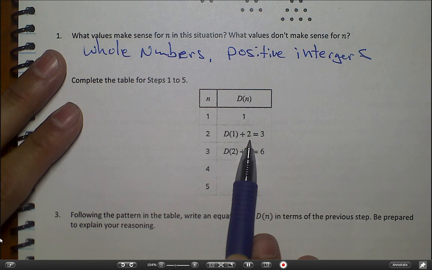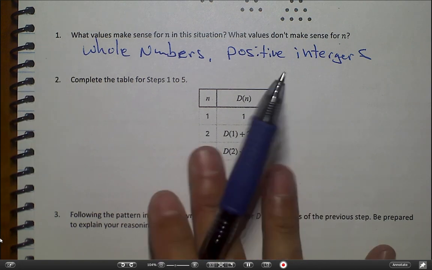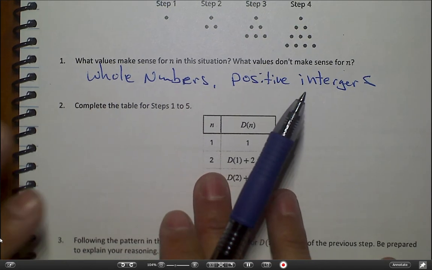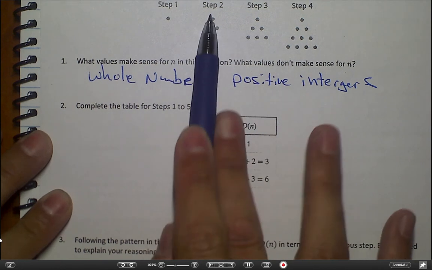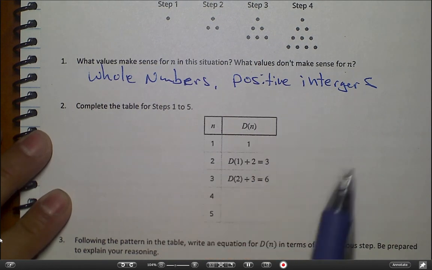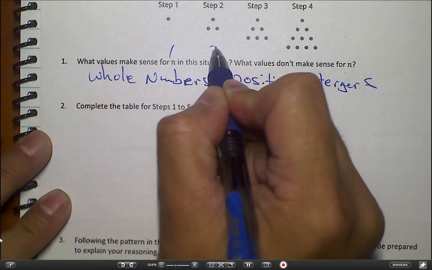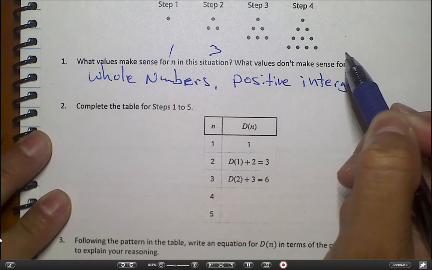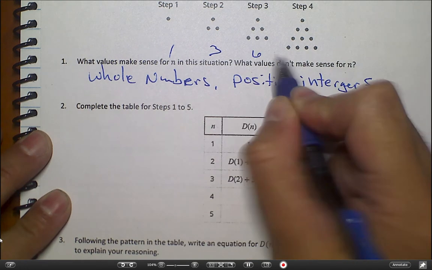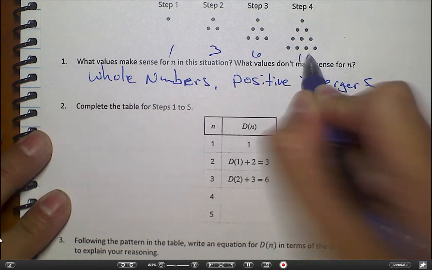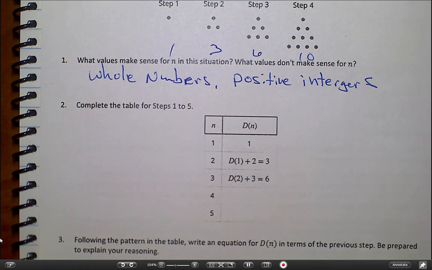So if I'm looking at my dots right here, I got 3 dots. So I got 1 dot, I got 3 dots. How many dots do I have here? Okay, 6 dots. How many dots do I have here? 10 dots. Very good. All right, let's see if we can figure out the pattern for this. So the pattern's super important. Math is patterns. Life is patterns. If you can figure it out, then you're a winner at life.